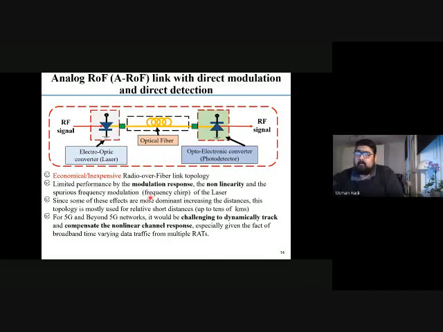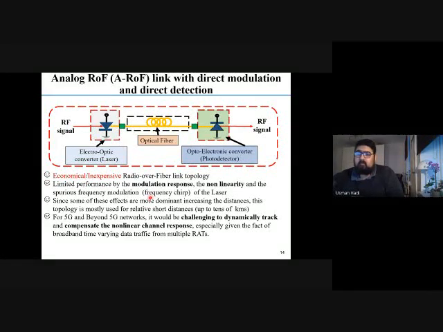And then the photodiode converts the optical signal to electrical, so it has also some issues. Then the distance that you can cover with this communication system is only tens of kilometers, maybe 20, 30, 40. And when you talk about radio over fiber, you are talking about hundreds of kilometers. So over there, you lose your interest in analog ROF.